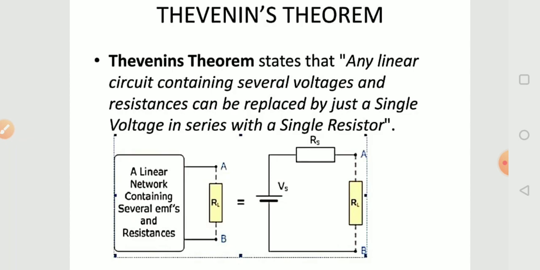So it is possible to simplify any complex linear circuit to an equivalent circuit. This is the equivalent circuit. So how can we make the equivalent circuit?